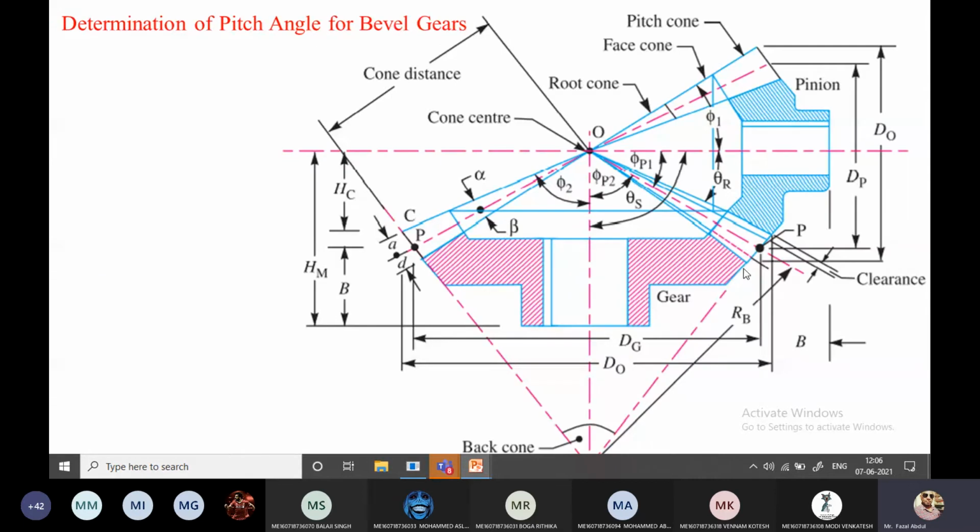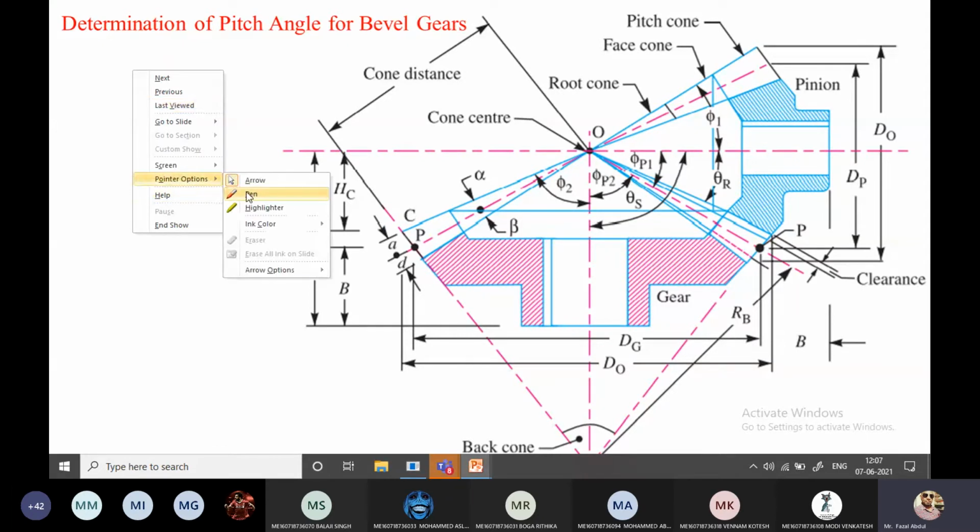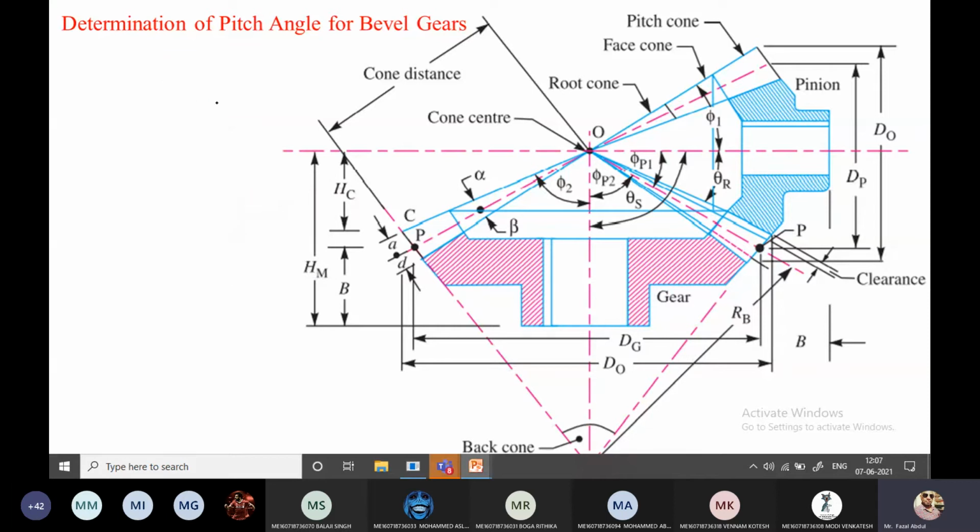Now, determination of the pitch angles. Pitch angle is denoted by theta p. What is the pitch angle here? You can find, along the axis of the gear at the pitch cone apex, if we draw an angle, that is the pitch angle.